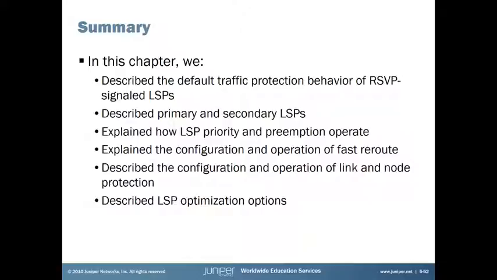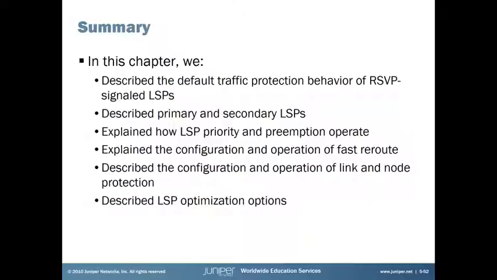So what is the difference between this and fast reroute? Fast reroute is specific to a particular LSP, whereas link protection is specific to a particular link. And the same link protection and node protection bypass LSPs can be used by multiple LSPs, so it can protect multiple LSPs, whereas fast reroute protects a single LSP.